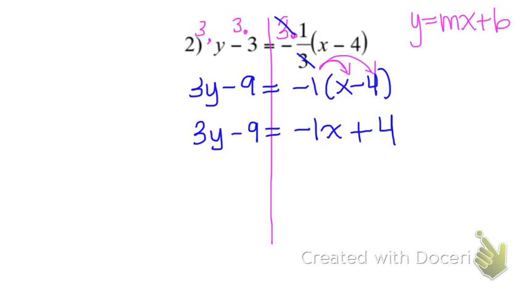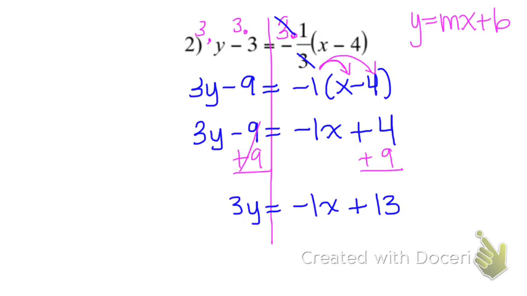Okay, now I can start solving for y. So I can move this positive 9 to the other side with its like term. Its like term is 4, so I'm going to add those two together. And so I get 3y equals negative 1x plus 13.